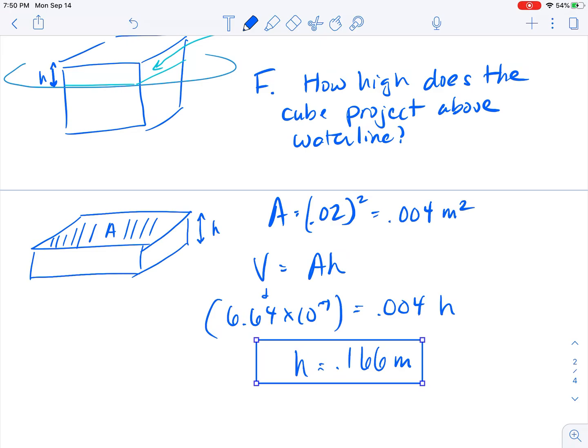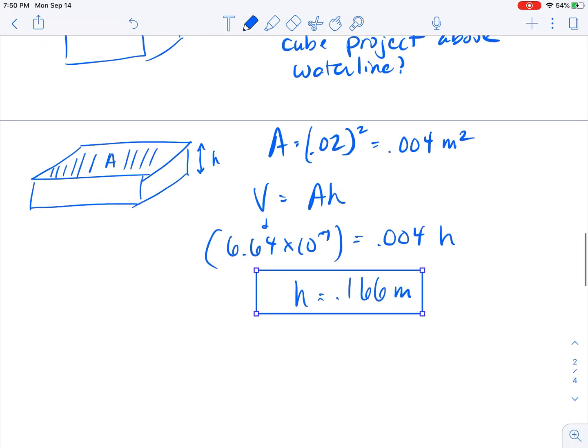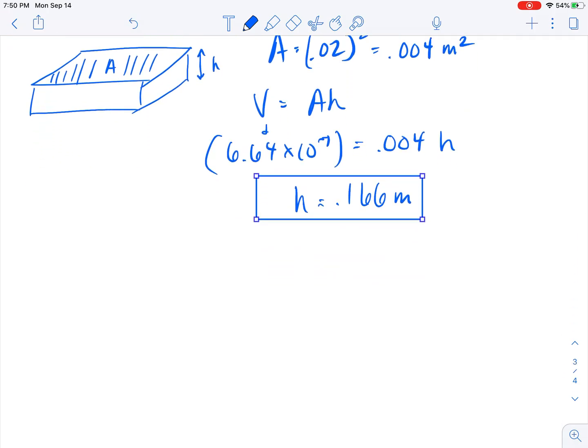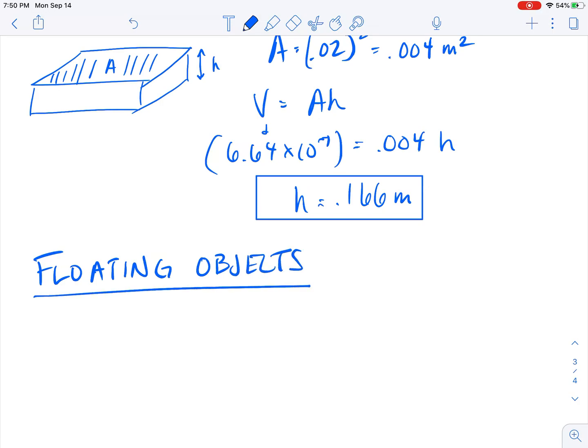Okay, so let's try to summarize something important to know for floating objects. So here I've got the situation where an object is floating in water.